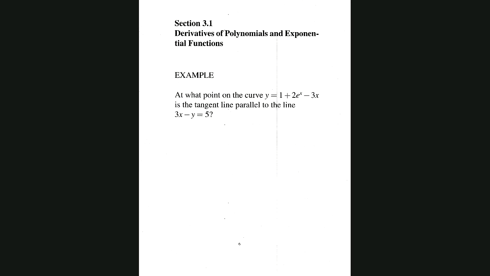Okay, so on this problem, you're being asked at what point on this curve, y equals 1 plus 2 times e to the x minus 3x, is the tangent line parallel to the line 3x minus y equals 5.